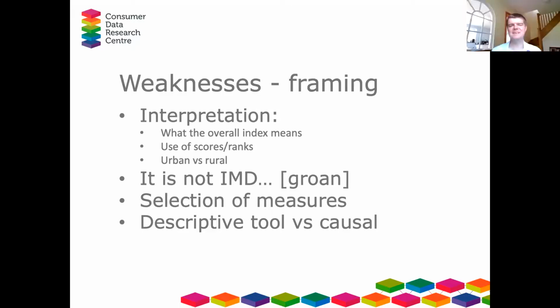There's a lot to be said for there being one index to measure deprivation, but we need to remember that it's often multifaceted. There are lots of things going on. The Index of Multiple Deprivation is a great resource, and it gets a lot of coverage, but it's only measuring certain aspects.